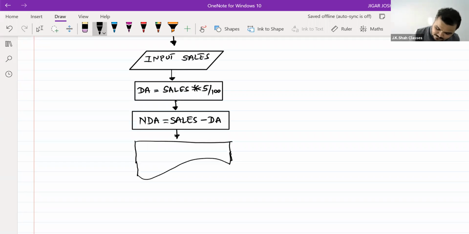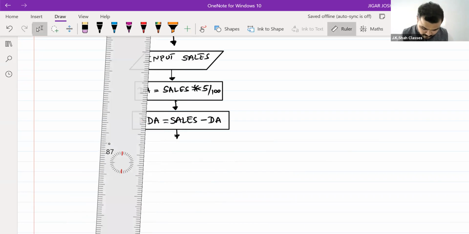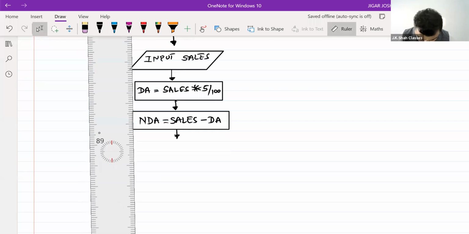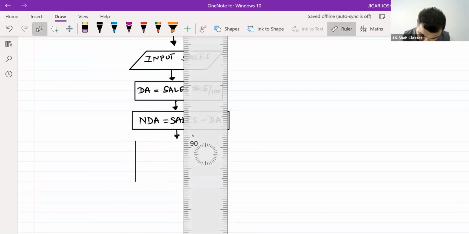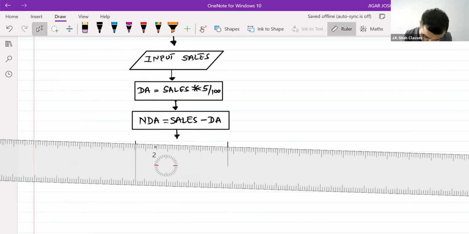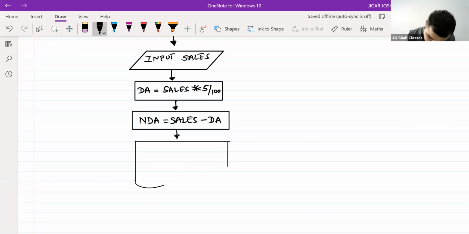Just give me 1 second, please. Print net discounted amount. Understood?